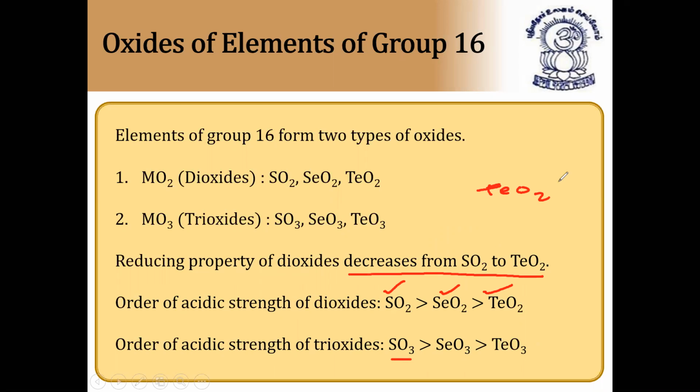So tellurium dioxide's reducing property is greater than selenium dioxide, which is greater than sulfur dioxide. Same in the case of trioxides also. I hope it is clear. So they form basically dioxides and trioxides.